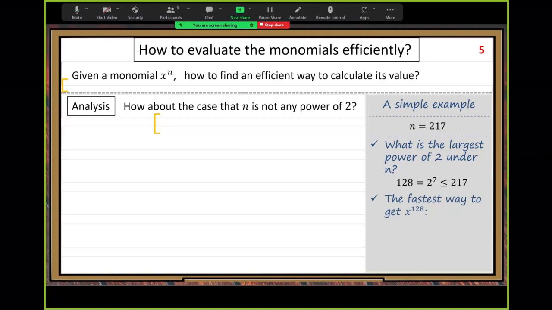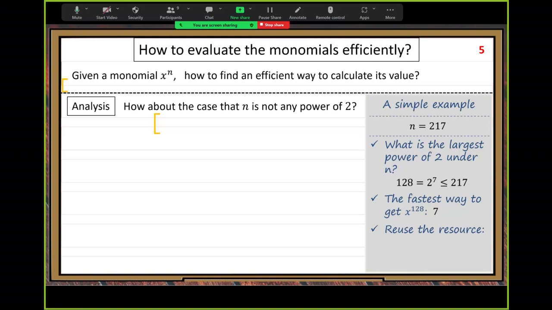So the fastest way to get this monomial, x to the 128th, we need 7 multiplications, because in 2 to the k, this k is 7. Based on the result of the previous slide, we need k multiplications, 7 multiplications here. Now, let me show you how to reuse the resource.